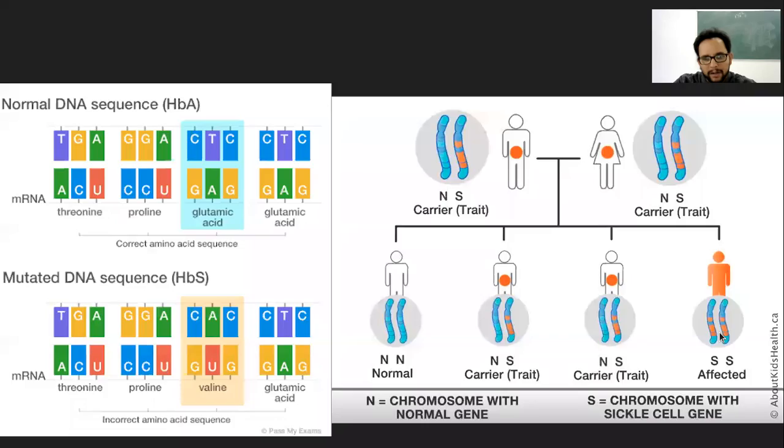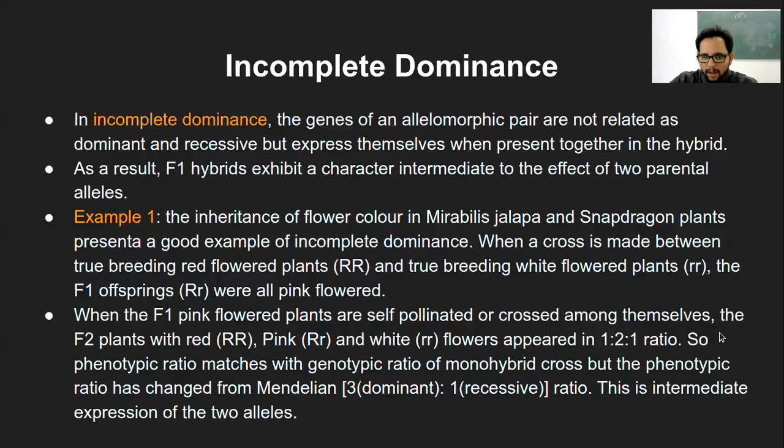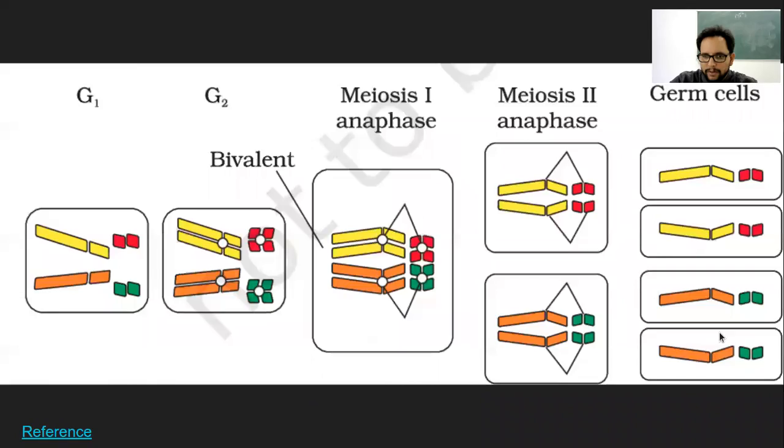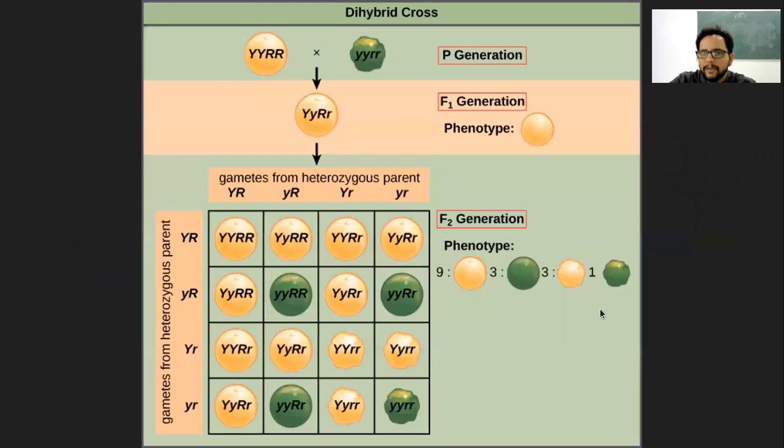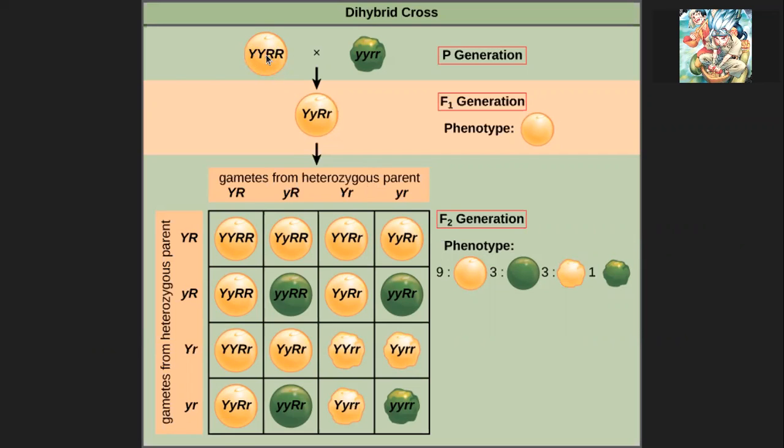So if I go back to those slides, where is it? Too far. Yeah, here it is. When we talk of independent assortment, we consider 2 characters, right? Yeah. So in multiple alleles, it may or may not have 2 characters.